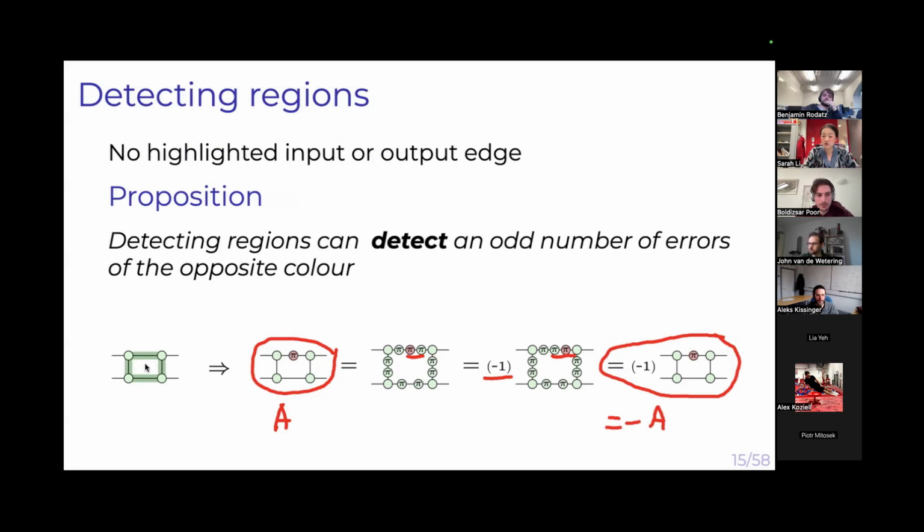When you have some very complicated diagram with a lot of connectivity, and you have an error here that you can detect, maybe not just a single one but a number of them, what you will have in the end is simply commuting through the errors with the pi phases introduced by firing, and it does give you the -1.